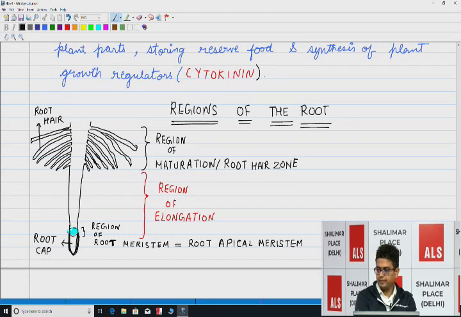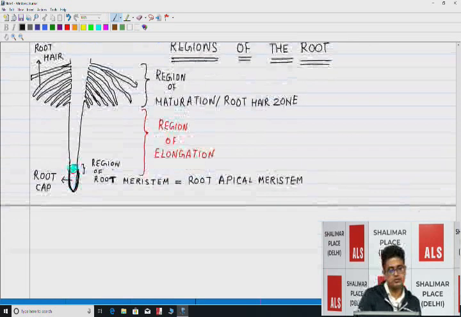Okay, all right. So finally we can move on to the details and description of these types of regions.